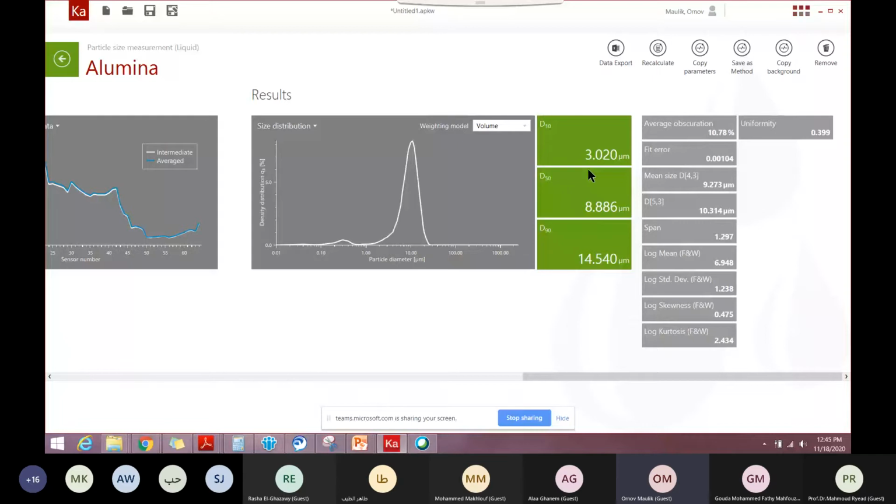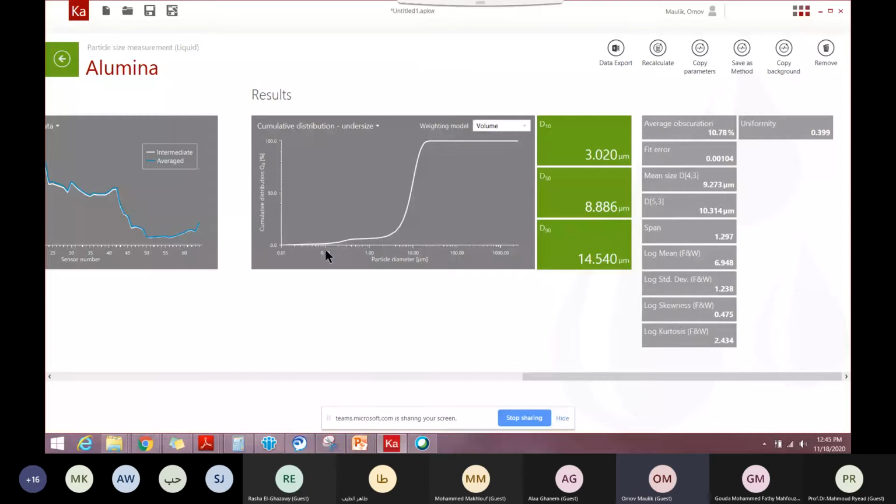D50 would mean 50% of particles have a less size than 8 micrometers, and D90 would mean 90% of particles are having lesser size than 14 micrometers. When you talk about the distribution, by default, you are always getting a volume distribution, which you can actually convert into surface and number distribution. And also you can have a cumulative undersize pattern, which will show you the particle size distribution from, say, 0 to 100%.